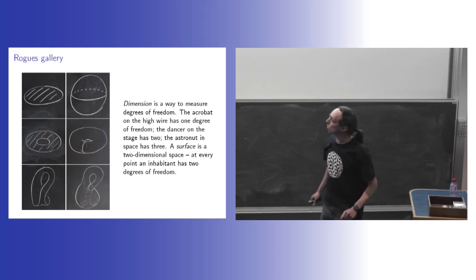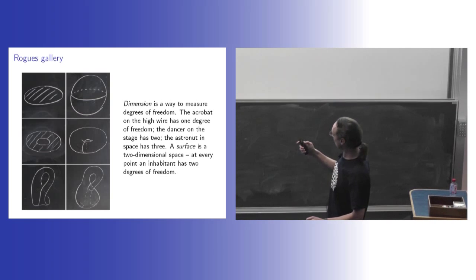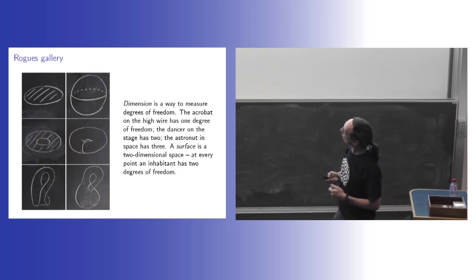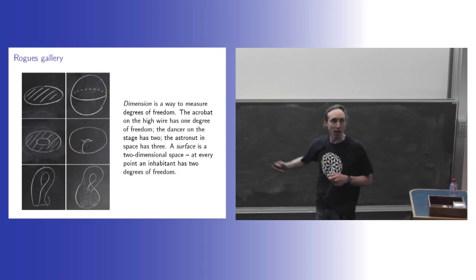So a surface is a two-dimensional object. The acrobat on the high wire has one degree of freedom. The acrobat can only go forwards or back. So the acrobat in the train carriage can also only go forwards or back.